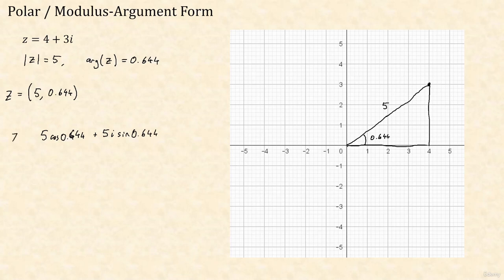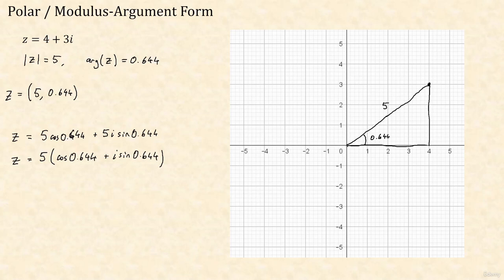So this is one way to describe z. Finally what I can do is factorise out the modulus, and what I've got is 5 times cos 0.644 plus i sine 0.644. Now I know this looks somewhat messy, but this trigonometric form of modulus argument form is pretty useful.